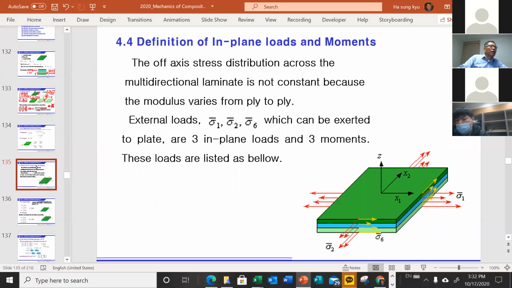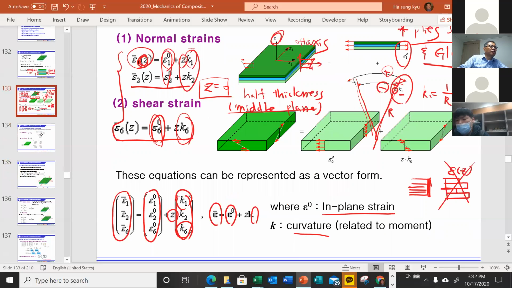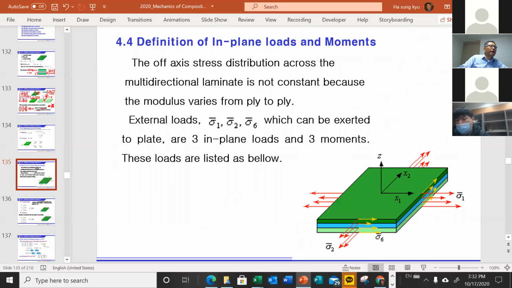Okay, this is the strain distribution. Now we would like to define the load we apply to this laminate. We call it in-plane load and bending moment. We don't apply load to each ply, we apply the load to the laminate.